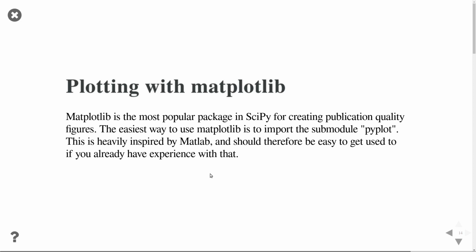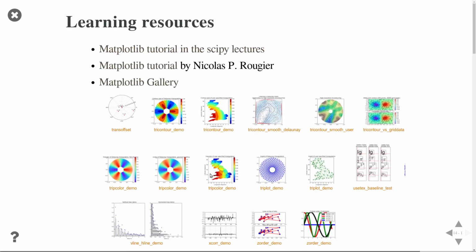I've already shown you a little bit of plotting at the very beginning. Maybe the most important thing to take away is that there's really good documentation online. I will show you the very basics, but as soon as you want something more advanced, look at the Matplotlib documentation.